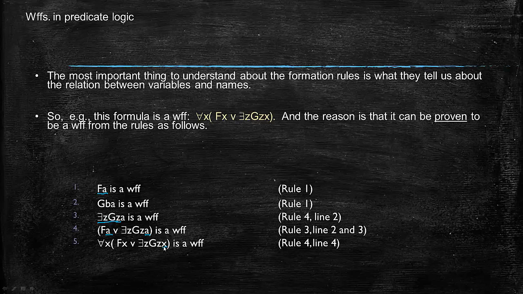So go ahead and put x in for the occurrences of a. And so now we have for all x, Fx or there exists a z, Gzx. Each time, the cool thing is that we've followed a rule. And so we've demonstrated, by building things up from the atomic level, that this is in fact a WFF. So you can see that it's a WFF, but now you can prove that it's a WFF.